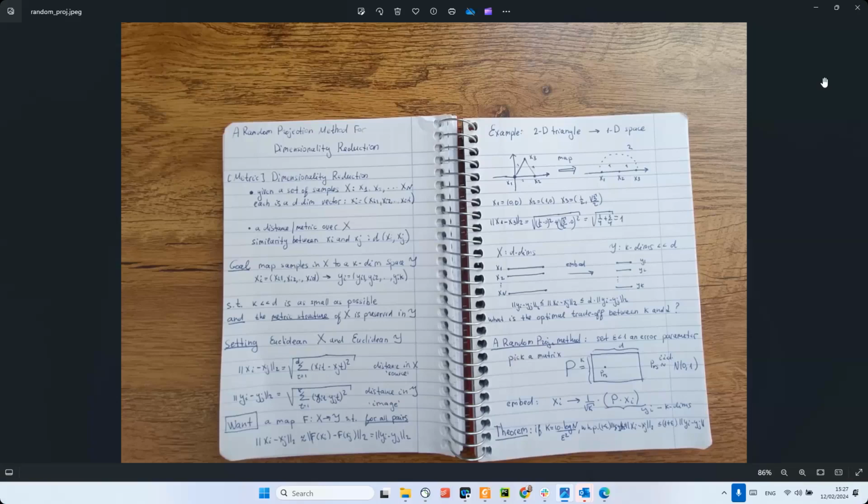So then what happens if we're talking about the Euclidean space and you just choose random k dimensions and set all the d minus k dimensions to zero?